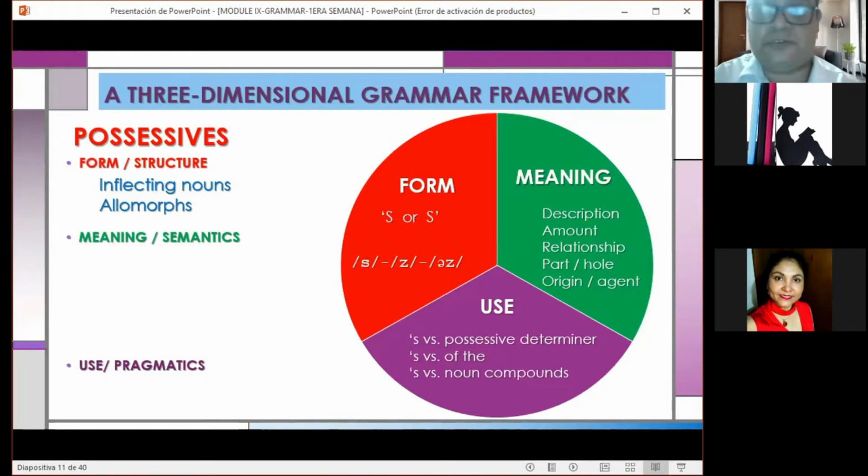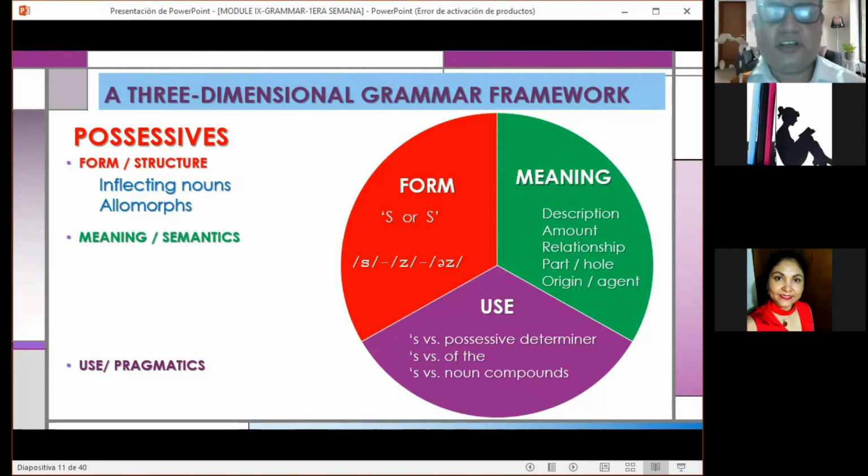So you're going to use inflection in nouns. When you use this, we commonly use it with nouns. John's father. John is a noun. So you are inflecting the noun. That's why here it says inflecting nouns. So we use this possessive to inflect nouns.